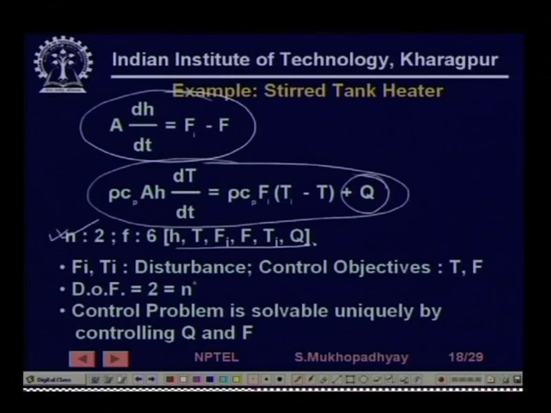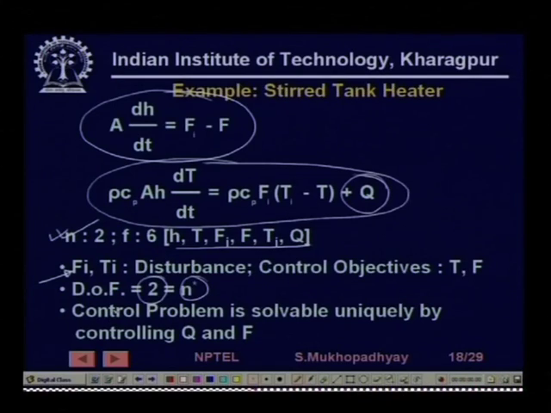So f is equal to 6, of these 2 are disturbances, Fi and Ti, that is the flow rate and the temperature of the feed. We assume that we cannot vary those, so 2 are lost. So from 6 minus 2 minus 2, the remaining degrees of freedom is 2. That means it can take up to 2 control objectives.